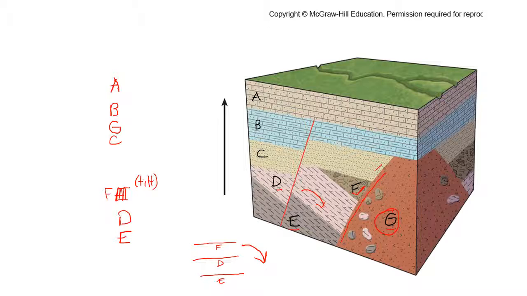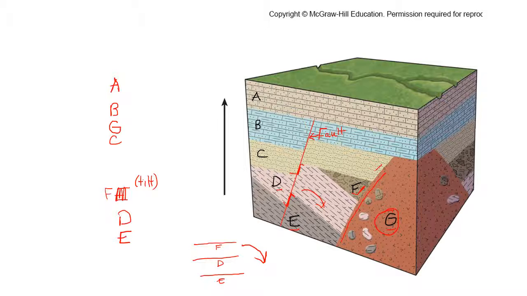Another thing to ask about this is the fault line here, this red line. The question is, when did that fault occur? We'll start at the bottom again. It had to occur after E was formed because E got offset by the movement on the fault. It had to be after D because D got offset.